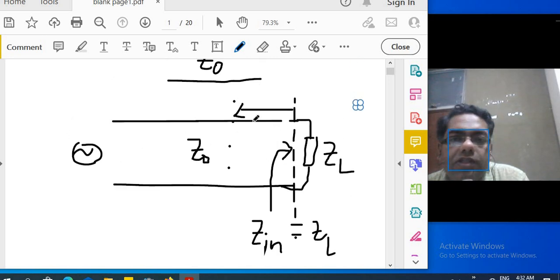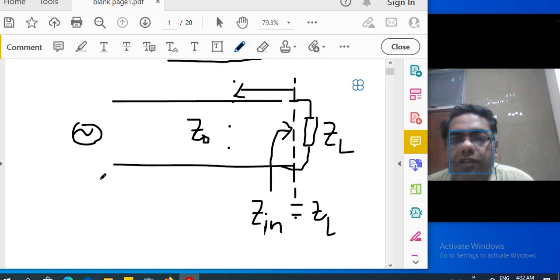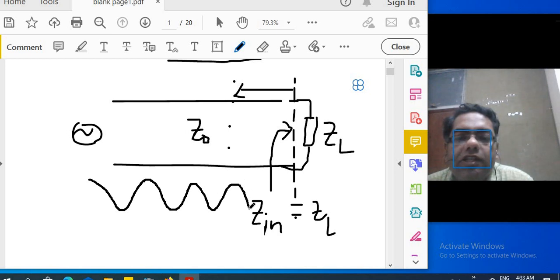So this input impedance along the length of the transmission line is not constant, it varies periodically. There is minimum, maximum, minimum, maximum. Like this it varies throughout the length of the transmission line, and it has some minimum impedance and some maximum impedance.